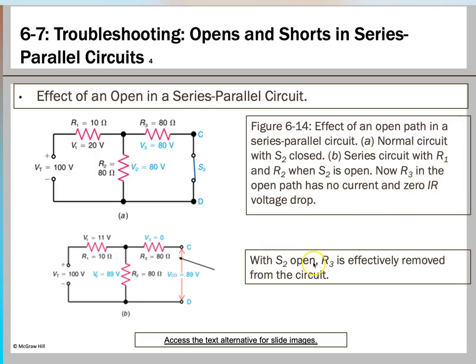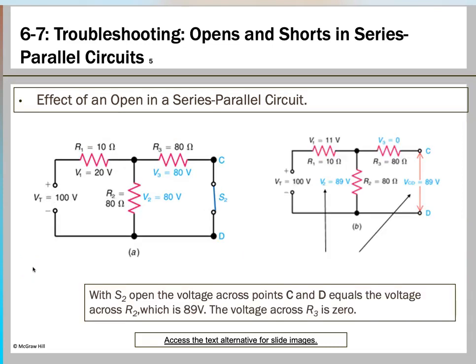With S2 open, R3 is effectively removed from the circuit, because it has 0 volts. Even if you remove it, the circuit will still be fine. The current path will be this. So this is the effect of an open in a series-parallel circuit.